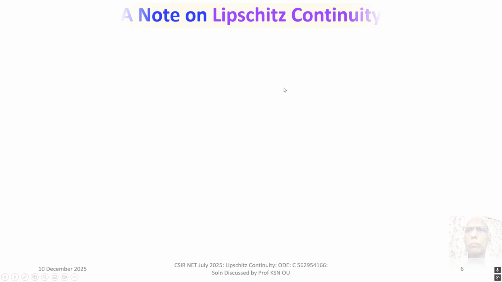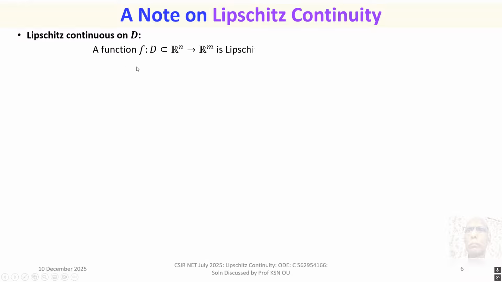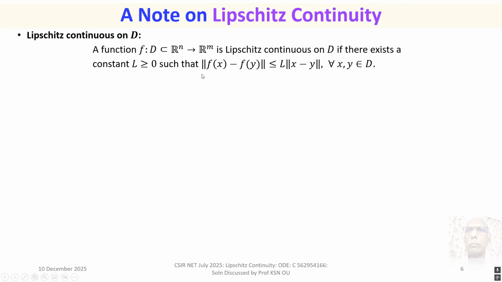Before discussing the solution of the given problem, let us familiarize the concept of Lipschitz continuous function on D. A function f from D, a subset of R^n, to R^m, is Lipschitz continuous on D if there exists a constant L ≥ 0 such that ‖f(x) − f(y)‖ ≤ L‖x − y‖ for all x, y belonging to D. We note the following.